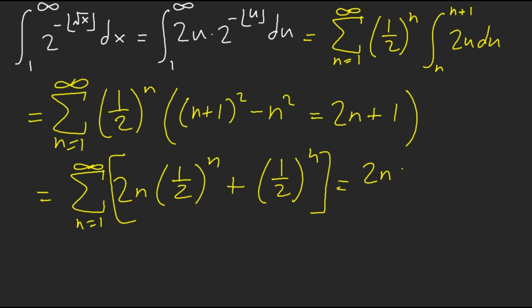I think it would be better to just have it like this, don't you think? Sum. But the point is, how do we compute this? This side is easy because that's a geometric series. No biggie, so we know how to compute that right side.